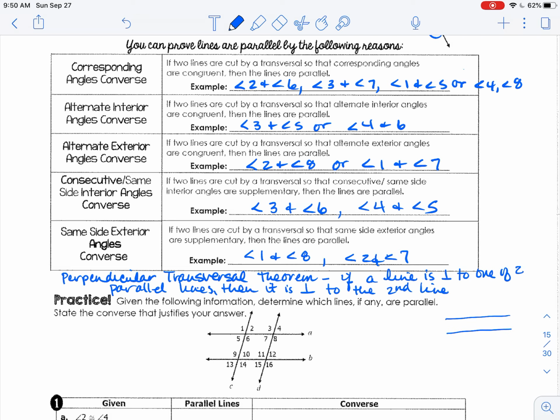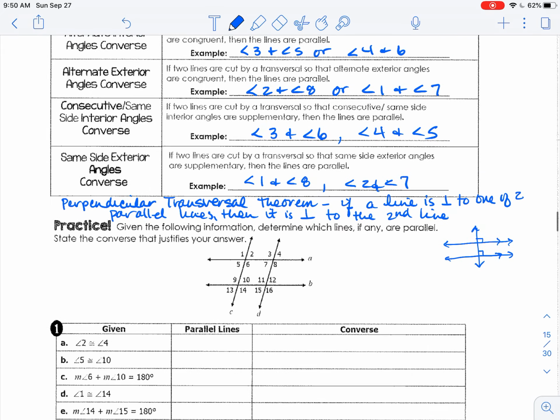Let me show you what I'm talking about. If I have two parallel lines, and I'm going to mark them with the little chevrons so I know that these lines are parallel, and I have a transversal that is perpendicular, that means it intersects at a right angle on the first line, then it is also perpendicular to the second line. And so that's what that theorem is stating.